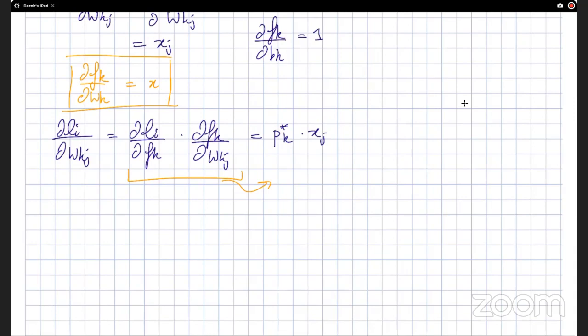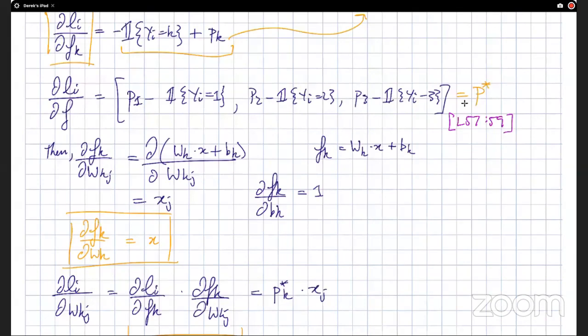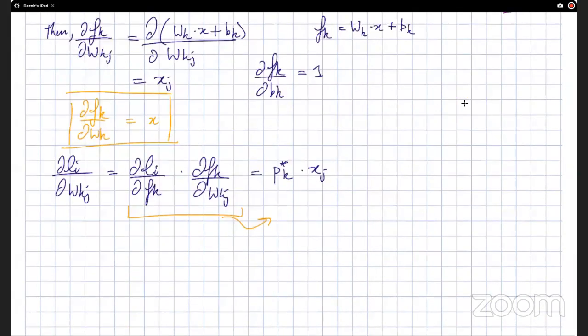Yeah, sorry, I cheated, which is why I write p star. So that's a separate thing. The p star thing is here. This part here is fine.